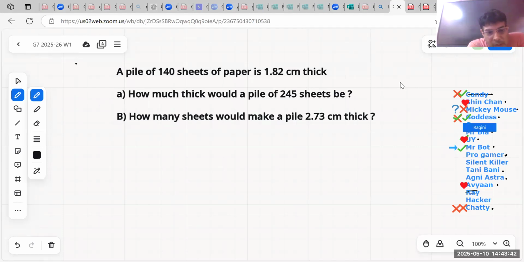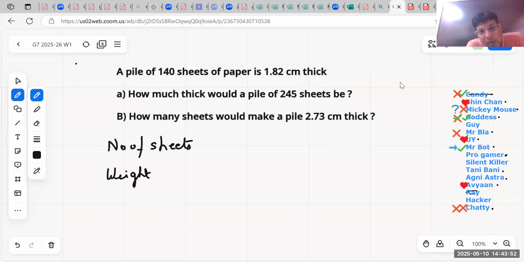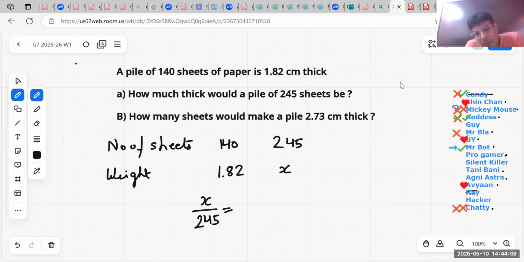So guys, number of sheets and weight. Simple, my ratio remains same. So number of sheets कितने हैं? 140. उनकी thickness कितनी है? 1.82. तो 245 sheets की thickness कितनी होगी? X. I will do X upon 245 is equal to 1.82 upon 140.